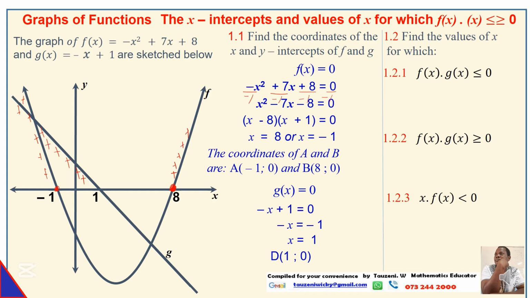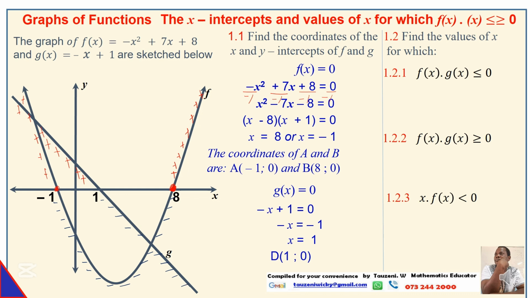So once a graph crosses the x-axis going upwards, it is positive. Now we need to remember that at the x-intercept, f of x is equal to 0 along the x-axis. Then once it crosses the x-axis going upwards, the top part is positive and the bottom part is negative. This is what we have.